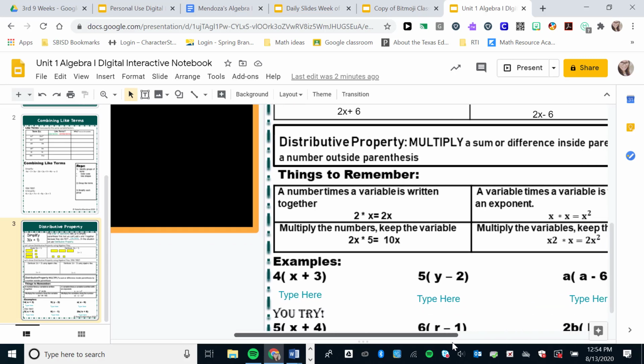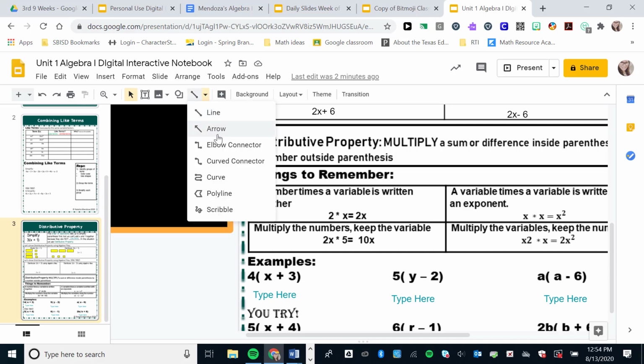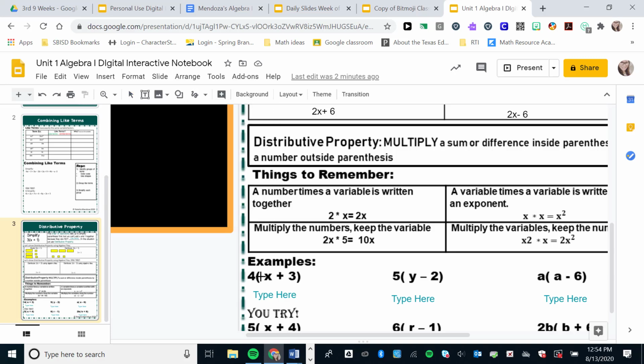We're going to do these examples together, the first 3, and then you'll do the next 3 by yourself. All right? If I see a parentheses with an expression inside and a number on the outside, an alarm bell should go off in your brain that tells you you need to multiply the number on the outside with the numbers inside.